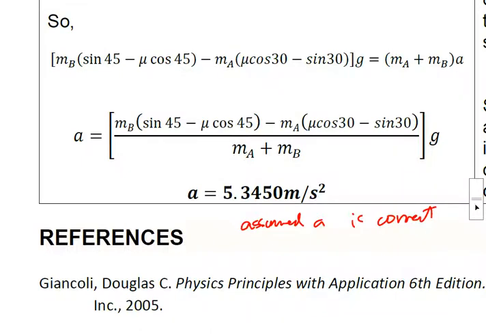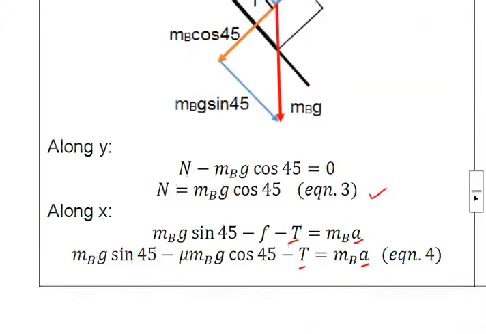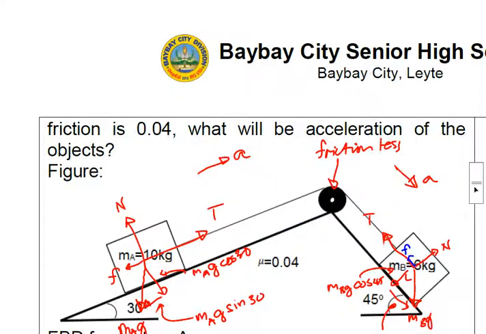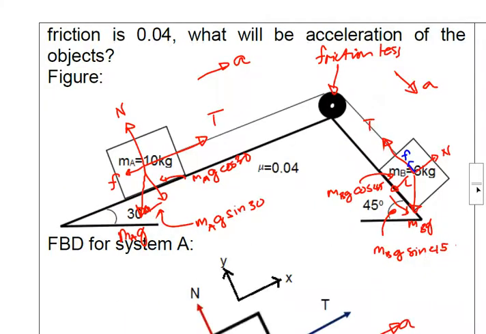If you look back at the system, though this one is 6 kilograms, you might think that it's lighter compared to A, so the acceleration should be going to A. But we must also take into account the angle. The angle plays a role in the direction of acceleration.